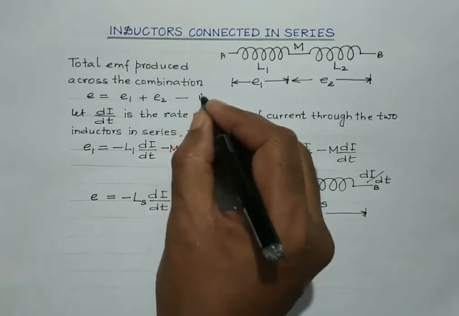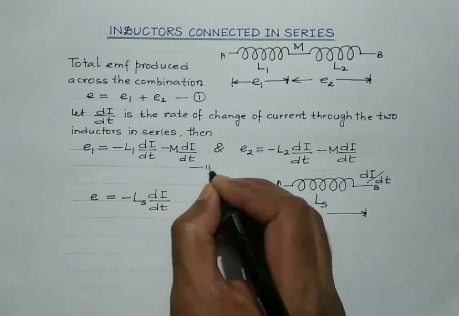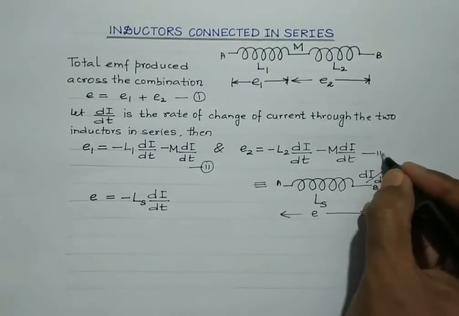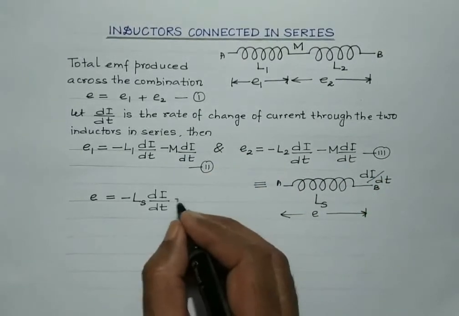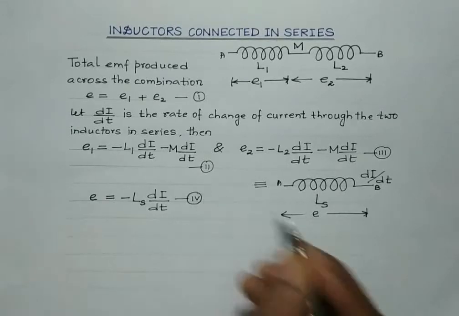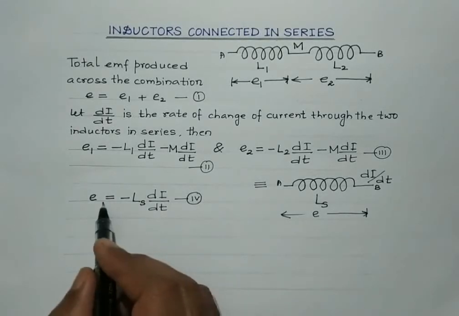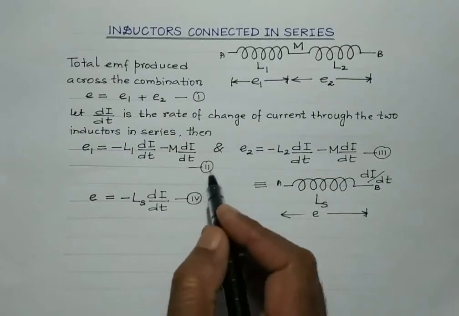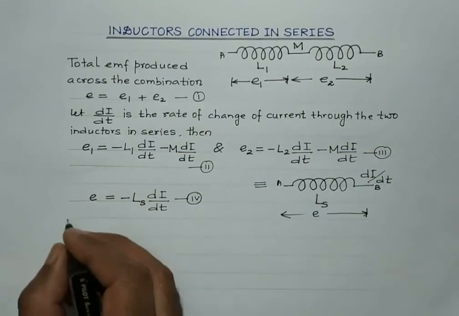So put this as equation number 1, this as equation number 2, this as equation number 3, and this as equation number 4. Now what to do is substitute this value of E, E1, E2 from second, third and fourth in equation 1.